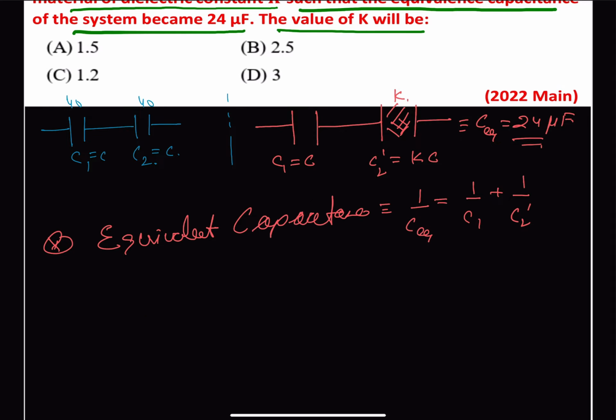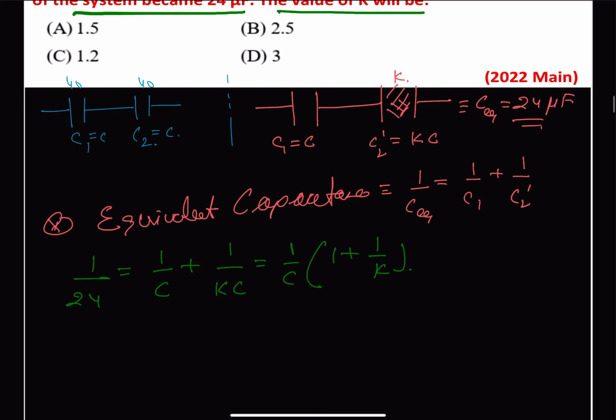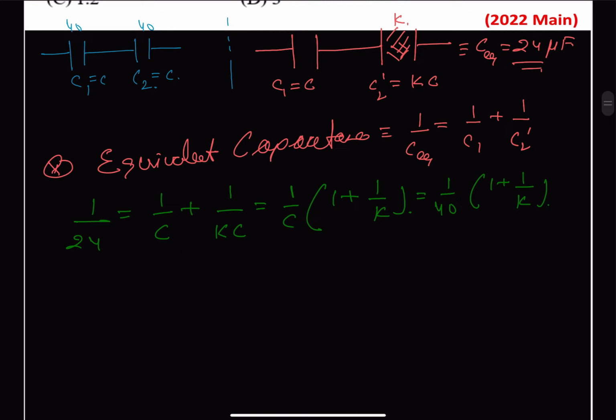We already know our equivalent is 24 microfarad, with C1 equal to C and C2 prime equal to K times C. We can take C as common, so this comes as 1 upon C, 1 plus 1 upon K. C is given to us as 40, so this is 1 upon 40 microfarad, 1 plus 1 upon K. I think it is much better if we do not take it common, we leave it as it is.